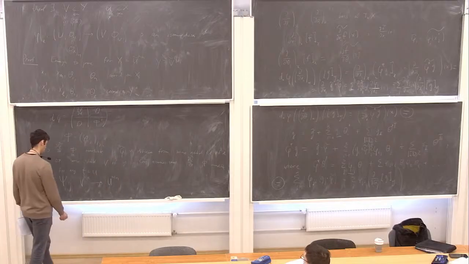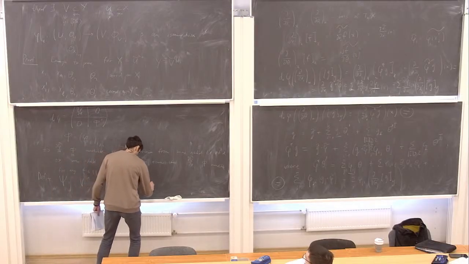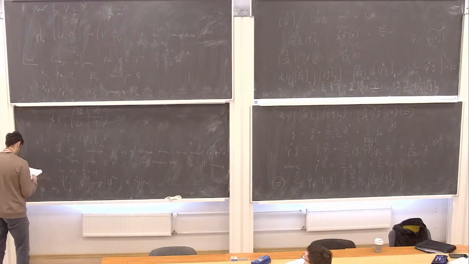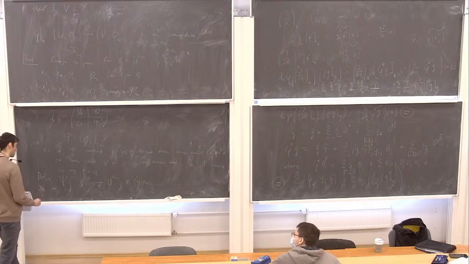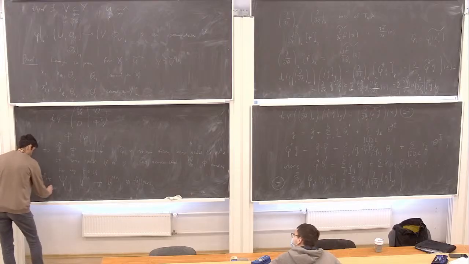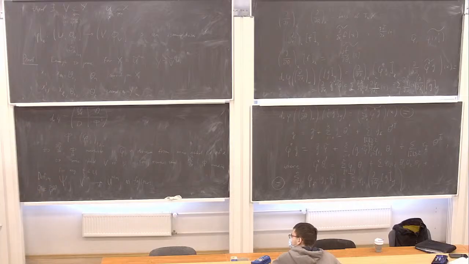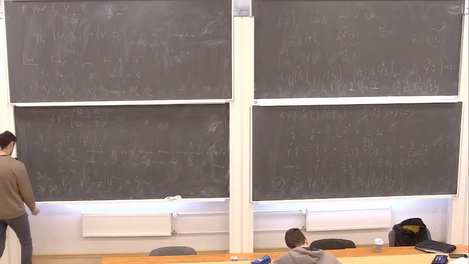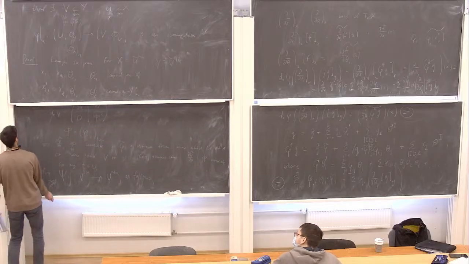So how do we define it? As follows. Well, we need psi tilde, which is a homeomorphism. This is really, let us put it, phi tilde restricted to U, inverse. So this is one.